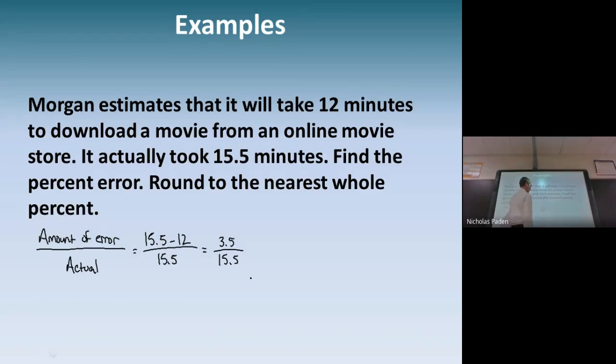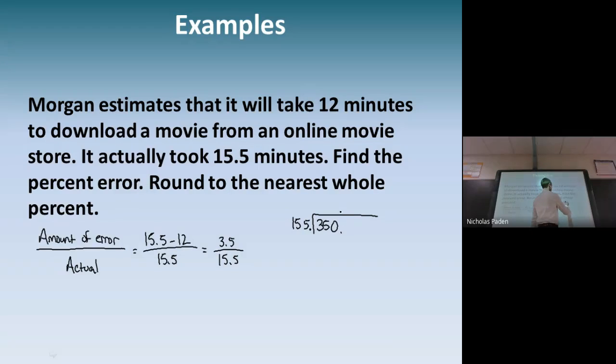And then we go ahead and divide. So 3.5 is going to go on the inside and 15.5 on the outside. Now the decimal point is right here. We need to move it over one time to the right, which means we do the same thing there.